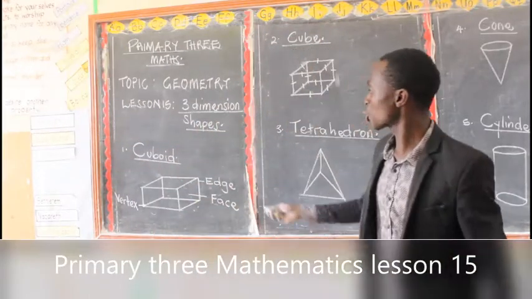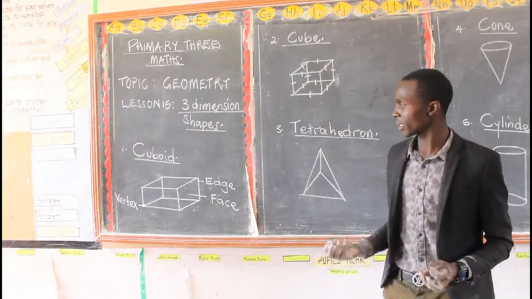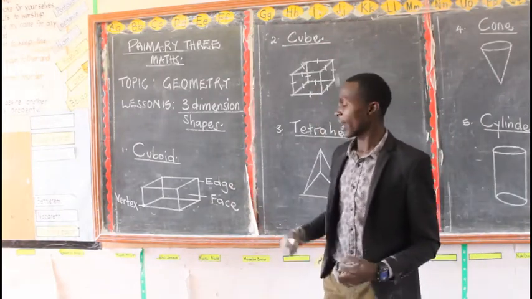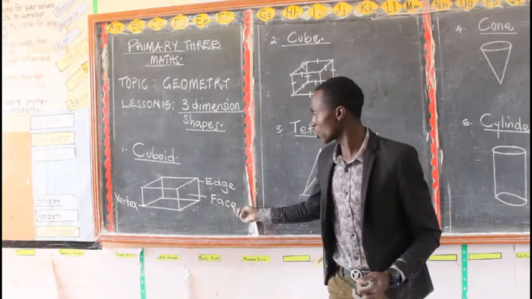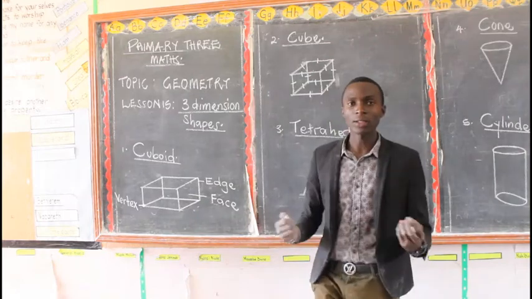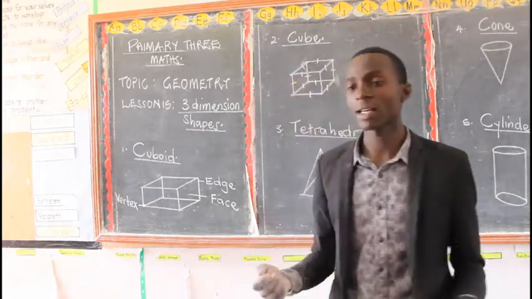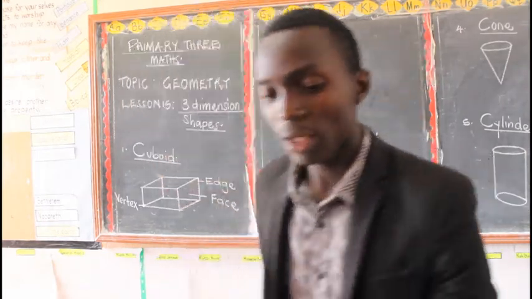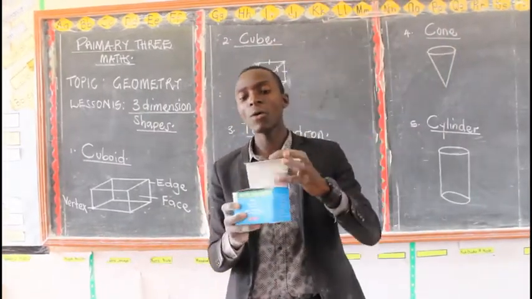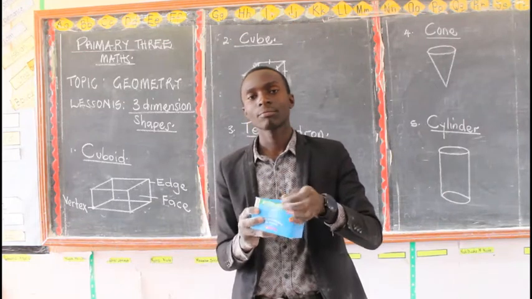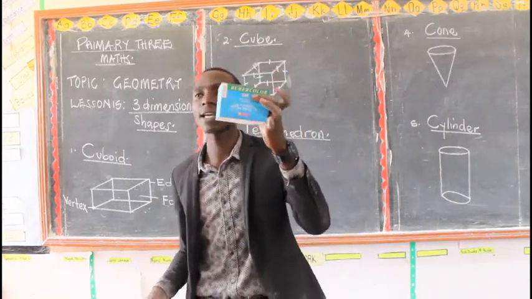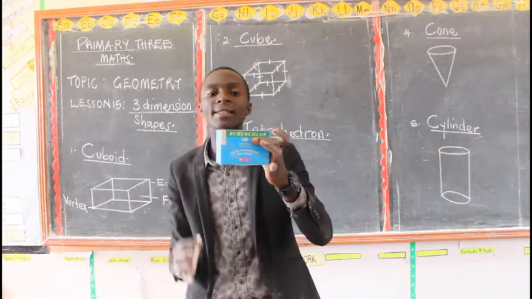We do have here a cuboid which is having very many features. For example, this is an edge, this is what you call a face, and this is what you call a vertex. Someone can ask you, how many faces does a cuboid have? You'll have to count starting from up, but make sure that you count the two opposite sides because it is having opposite sides.